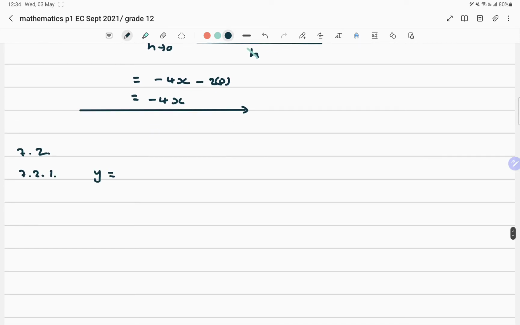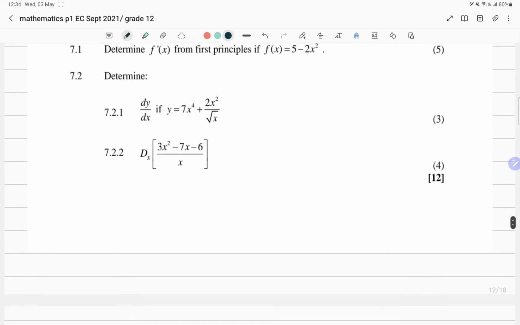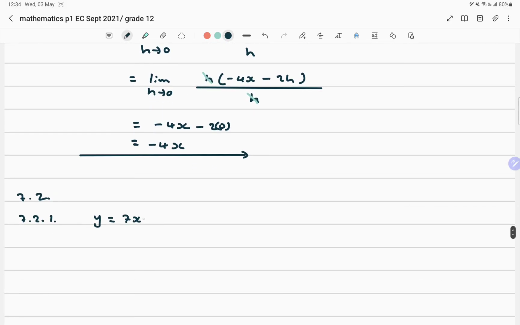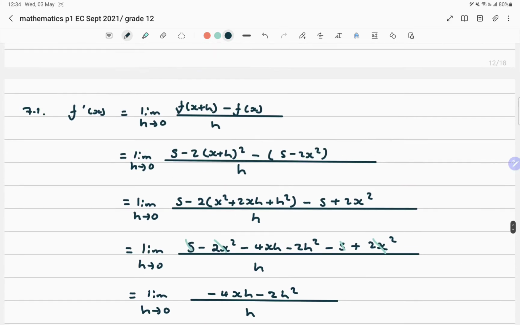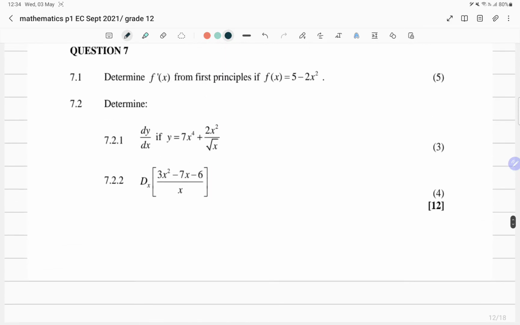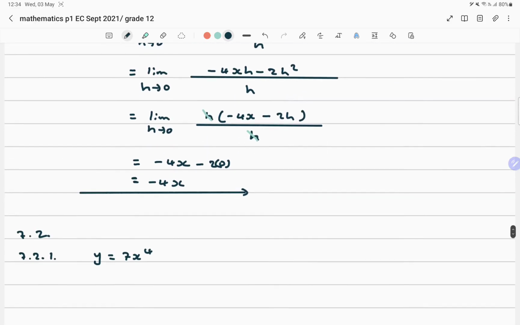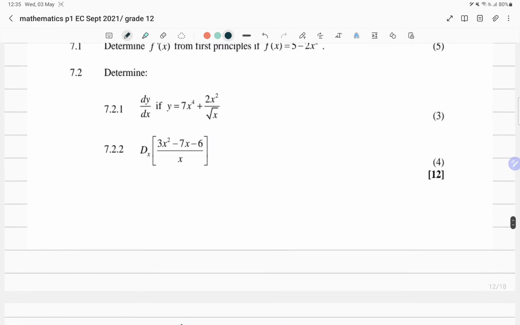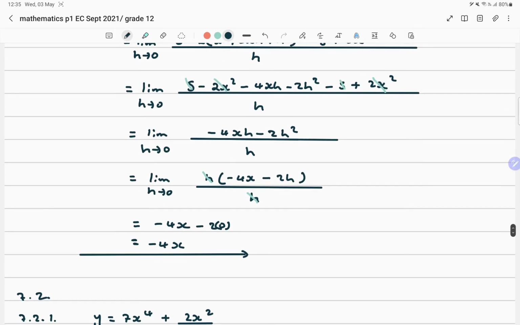So we know y is equal to 7x to the exponent 4, plus 2x squared over the square root of x.